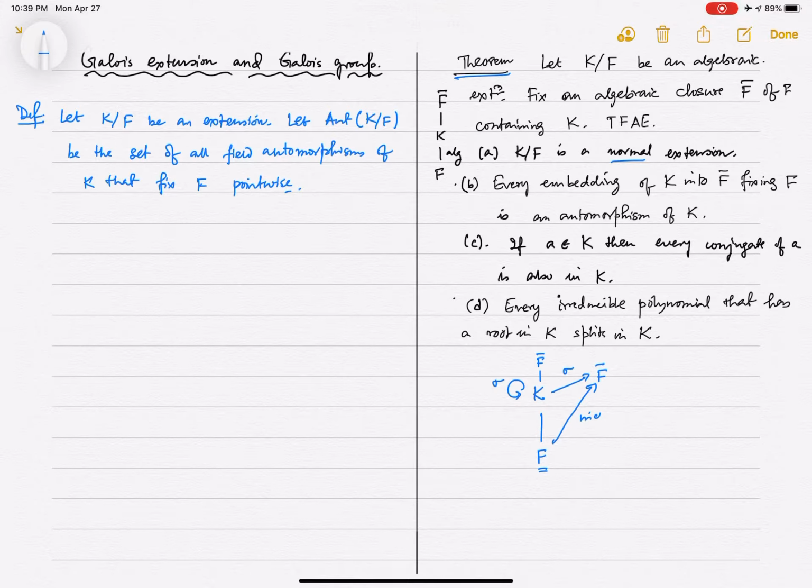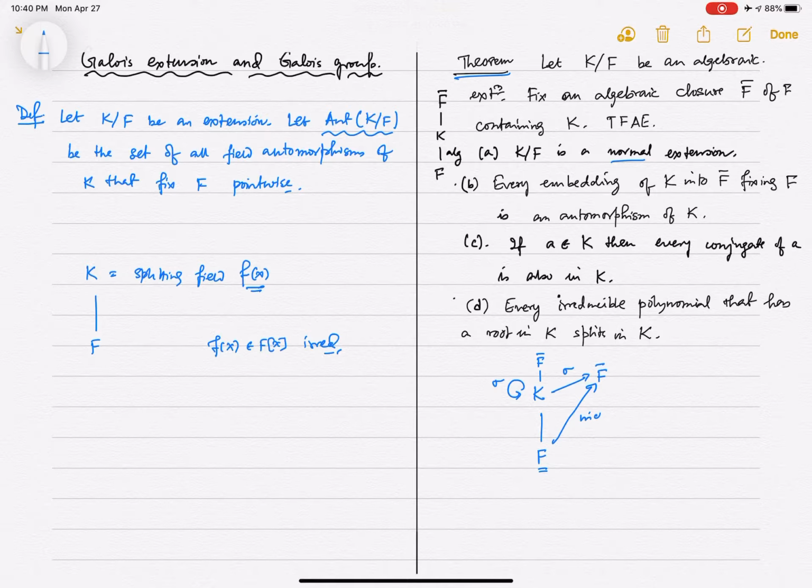And if K is, let's say, the splitting field of some polynomial f(x), where f(x) is some irreducible polynomial here, then we saw that the elements of this group are going to permute the roots of this polynomial.